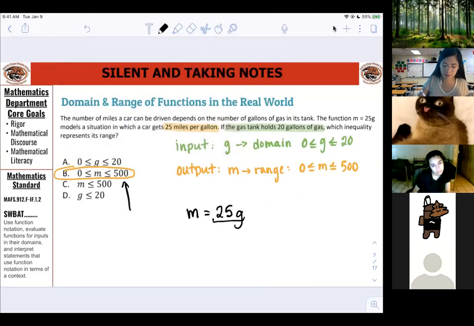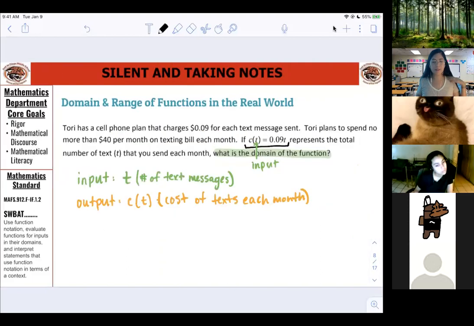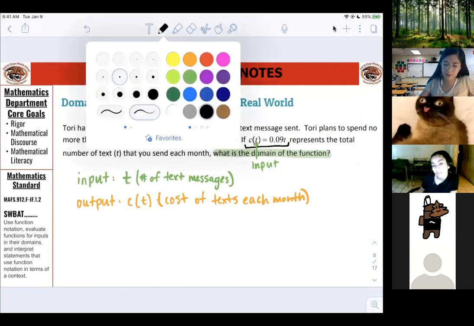Inequalities are great because they tell us everything in between, from 0 to 500 and everything in between. But since I'm only talking about whole numbers here, I can't use an inequality, because I can't have half a text message or decimals. So I have to write it a little bit differently.